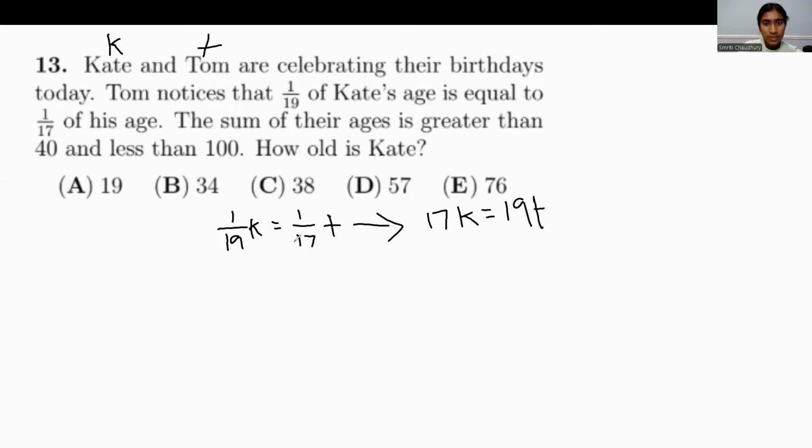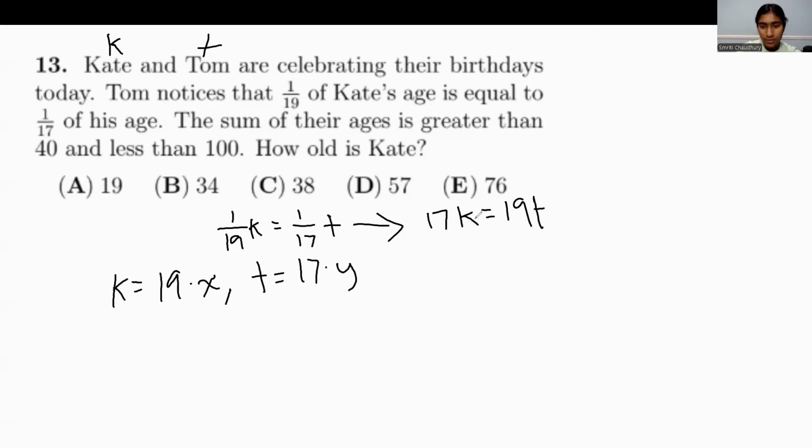And now one thing that we need to notice is that it says that they're celebrating their birthdays today, which means that their ages are integers. So that means k is divisible by 19 and t is divisible by 17. So let's represent that by saying k equals 19 times some x and t equals 17 times some y.